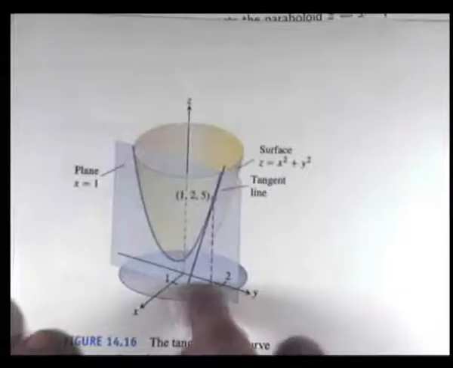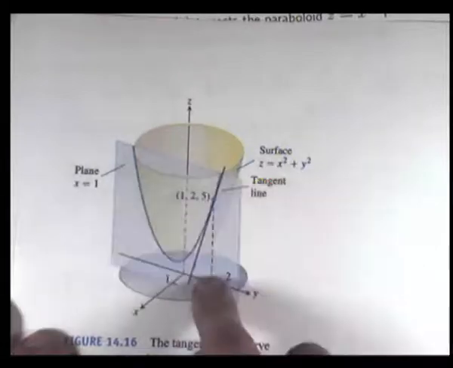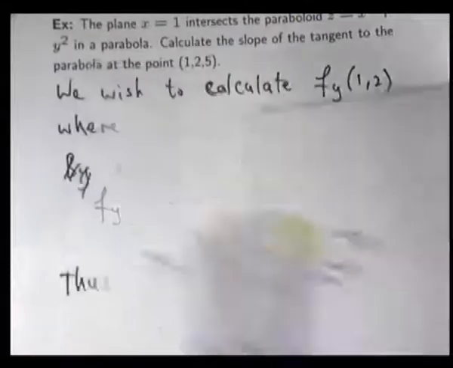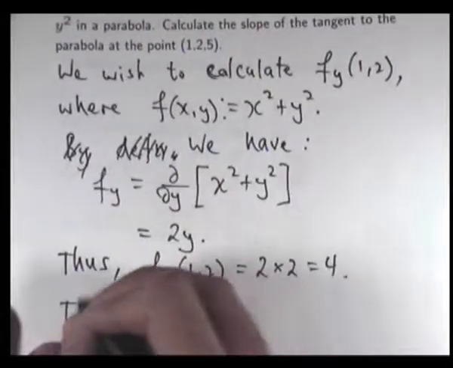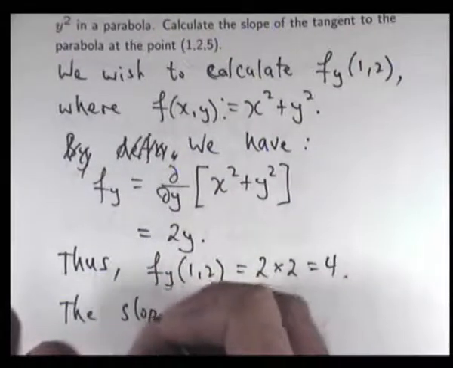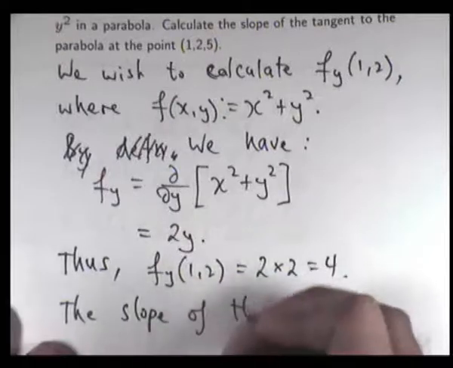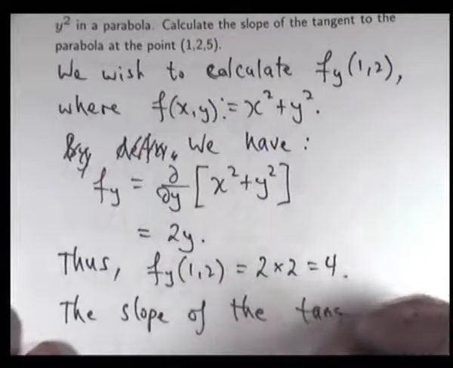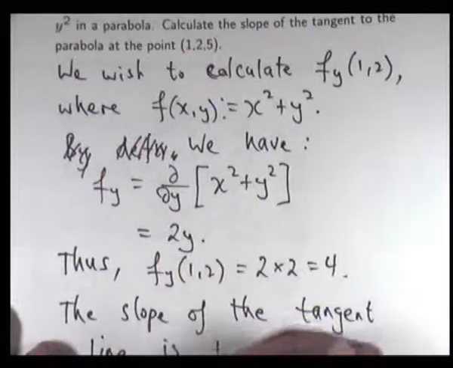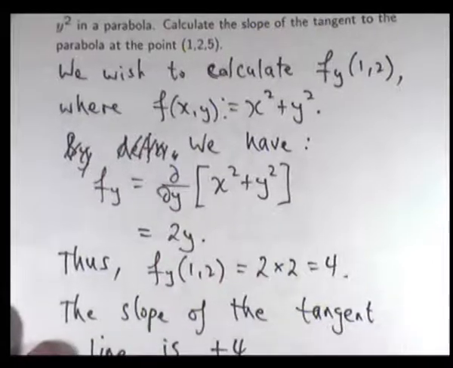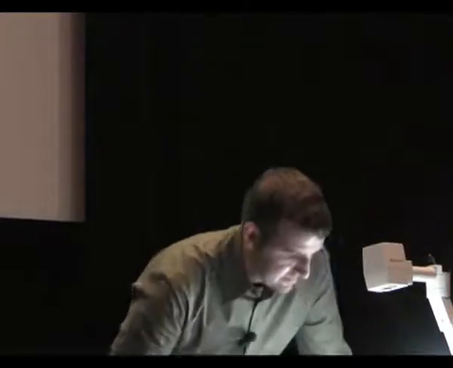So, what is the slope of this tangent line? Well, it's going to be positive 4.